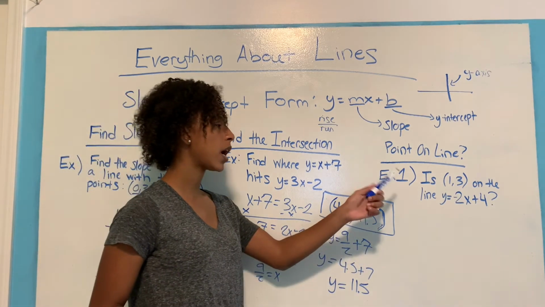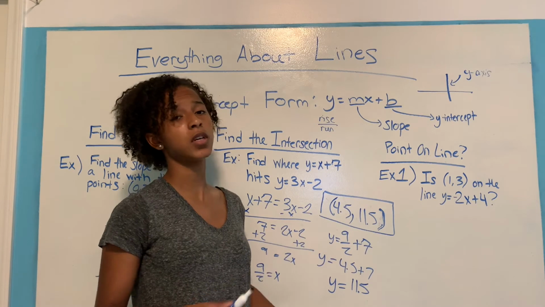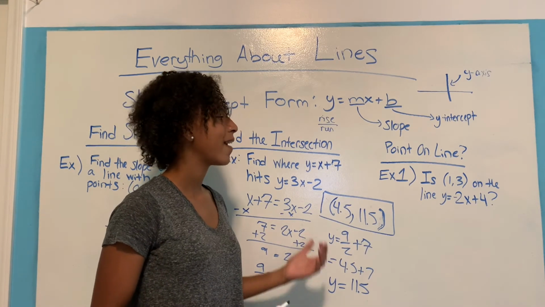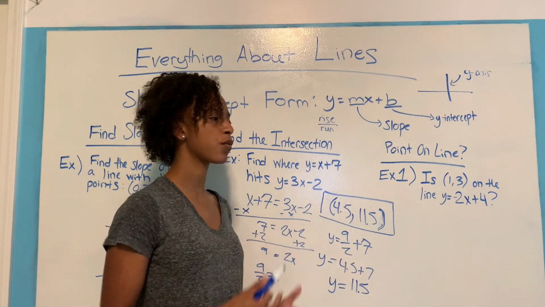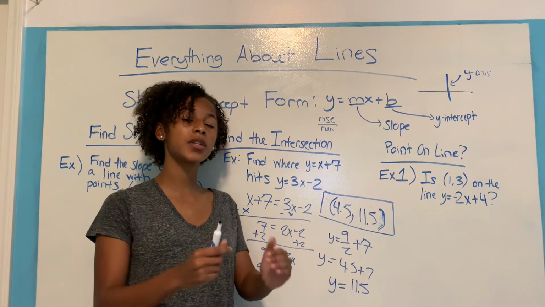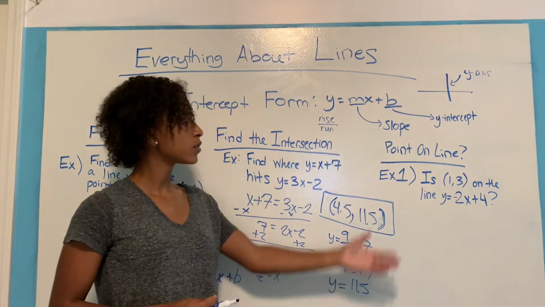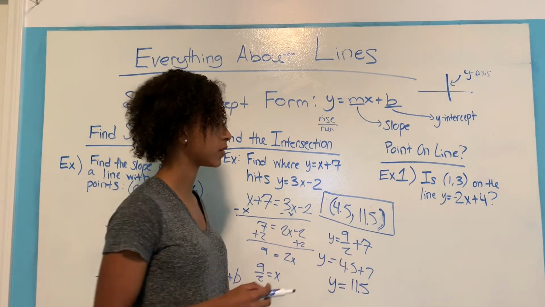All right, so now we're going to go to the third problem that you'll see on the SAT and ACT, and that's whether you can distinguish if a point is on the line. If they give you a random point, they'll also give you a line, and you have to determine whether the point actually lies on the line. These problems are actually pretty simple.